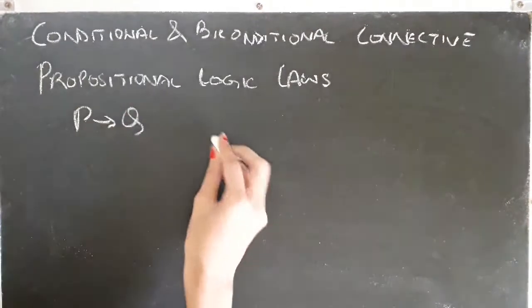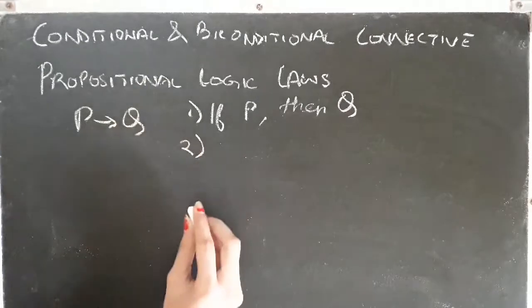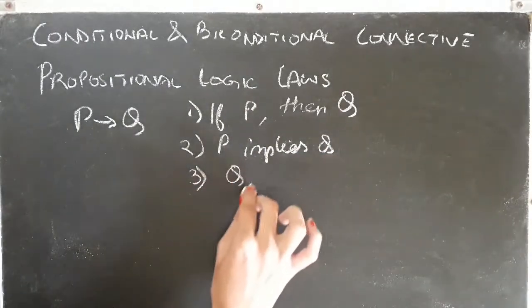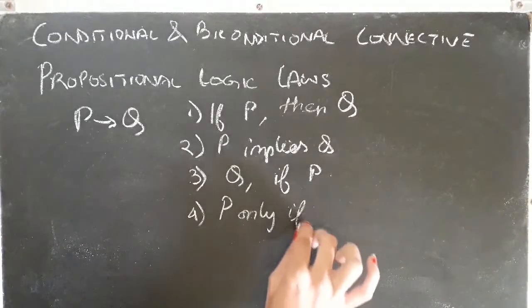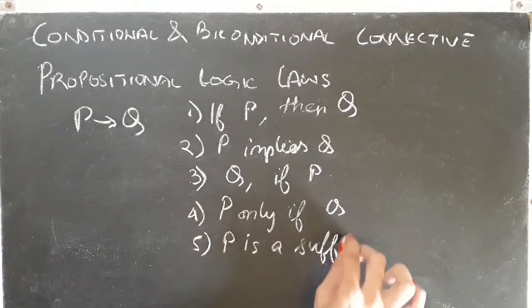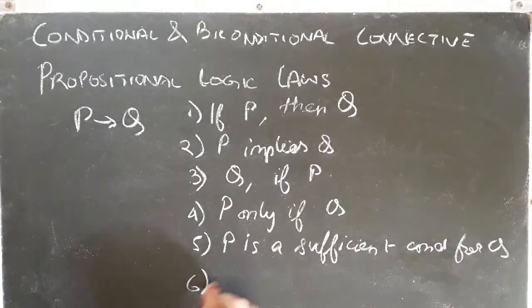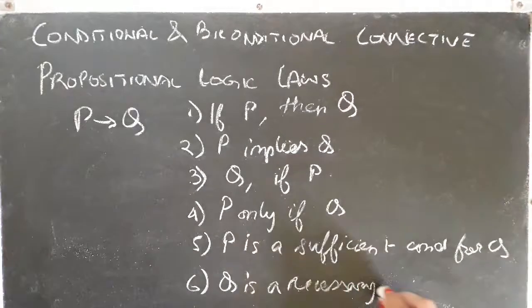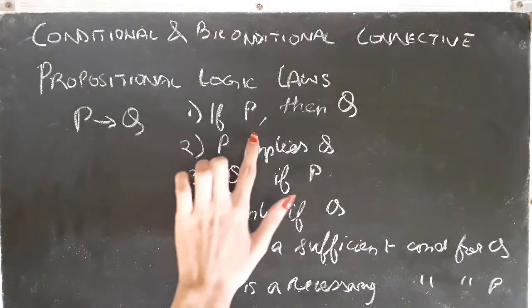P implies Q can be written as if P, then Q. It can also be written as P implies Q, Q if P, P only if Q, P is a sufficient condition for Q, and Q is a necessary condition for P.